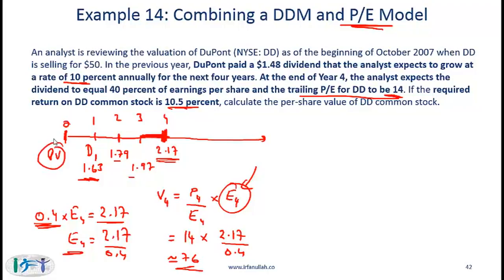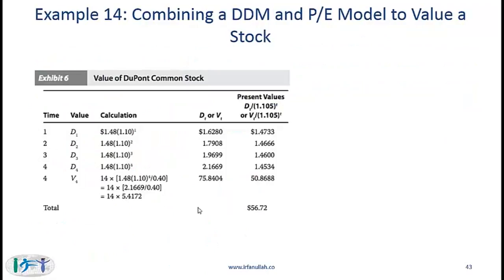And if you do this correctly, the answer that you should get is 56.72. If you look carefully at what they've done, it's essentially the same as what I'm talking about, but I encourage you to use the timeline and use the cash flow register and think intuitively about what's going on rather than simply plugging in formulas.